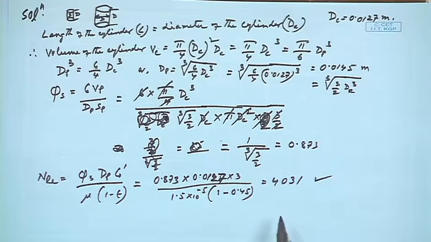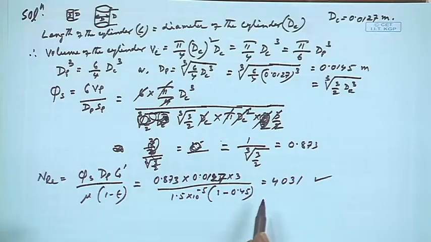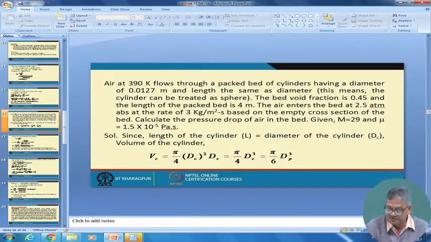So the outlet pressure depends on delta P. As a first approximation, we assume the density is equal to that at the inlet pressure. The inlet pressure given is 2.5 atmosphere.